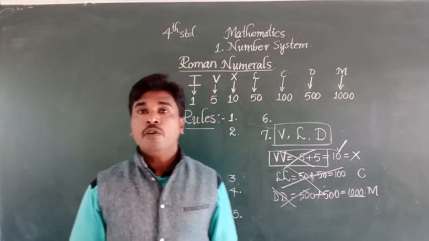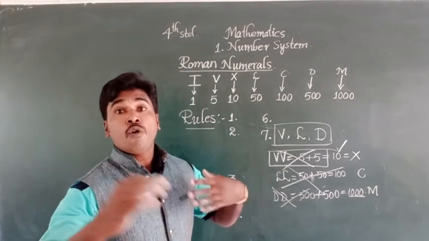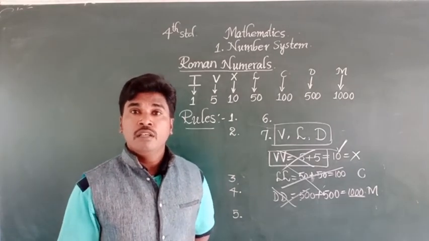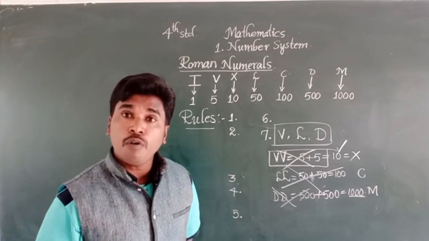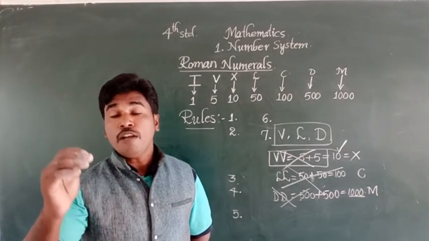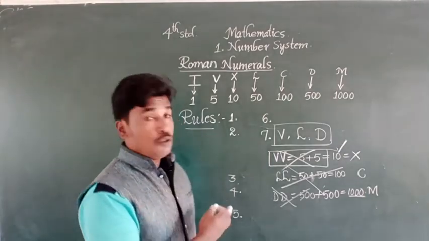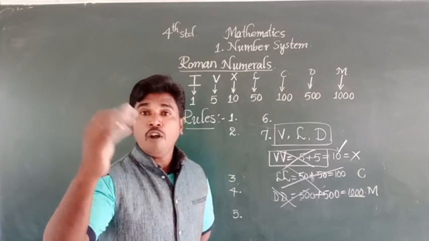Dear students, these are all the 7 rules while using Roman numbers. You should follow them. Shall I show you how to write the numbers from 1 to 50? Please follow and also write along with me.